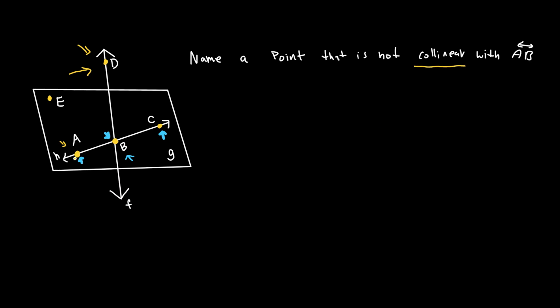This is our line AB and these points are collinear. If we look outside over here, we can find this point E, which is not collinear, and also this point D. They're not lying on the same line. So we have two answers over here. We can write point E or point D.